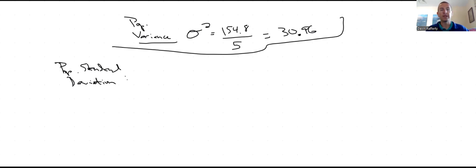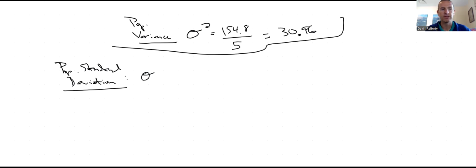The population variance is sigma squared. The population standard deviation is merely sigma.